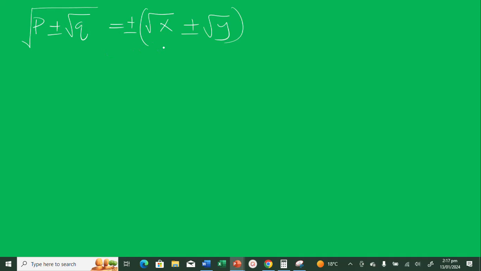With this value we choose, we must make sure that x is greater than y.